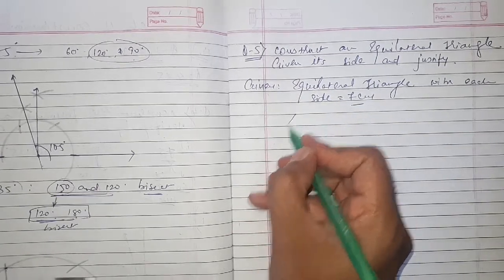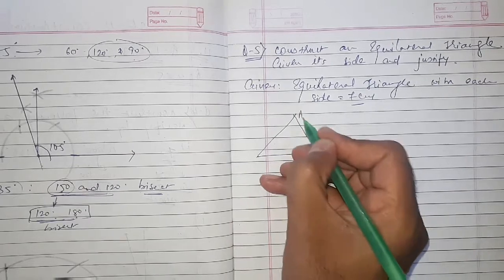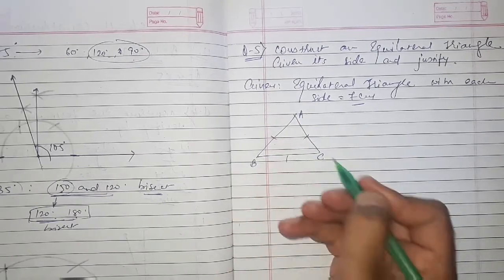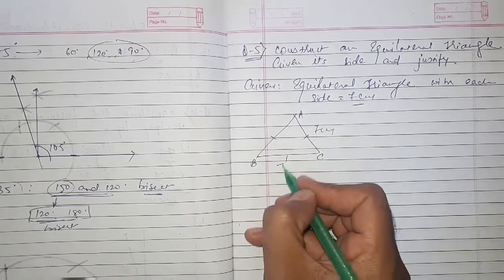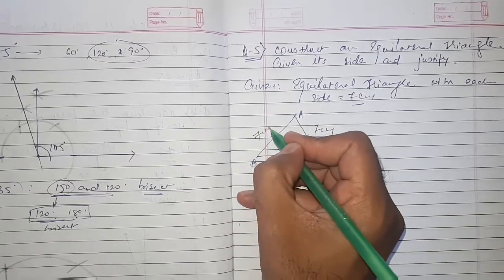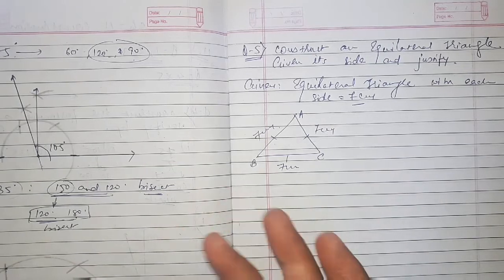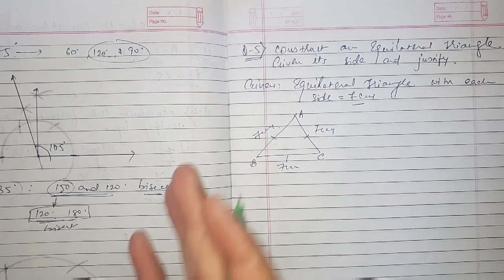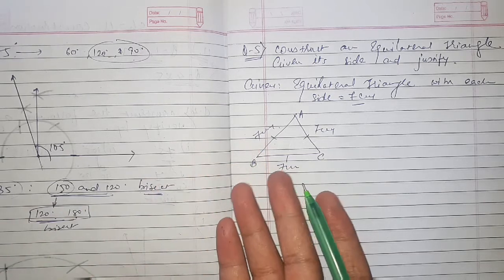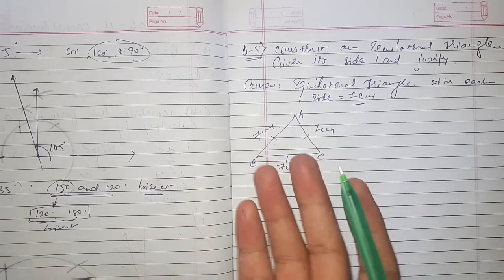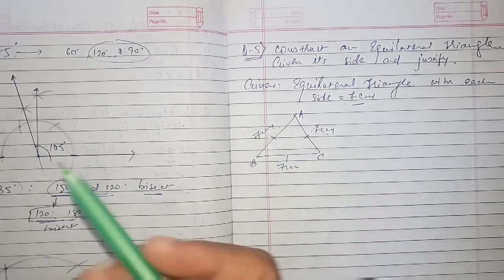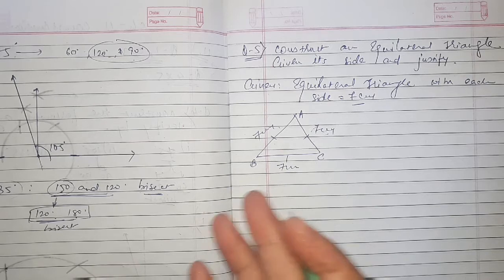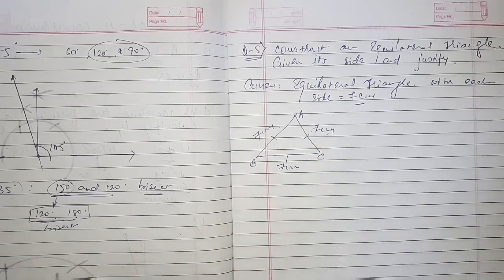That means we are drawing ABC equilateral triangle with all sides equal and each side 7 centimeter. You can take it as 6 centimeter also, 4 centimeter, 2 centimeter, 3 centimeter, 10 centimeter also. Okay, it's your choice to take any measurement of the equilateral triangle.